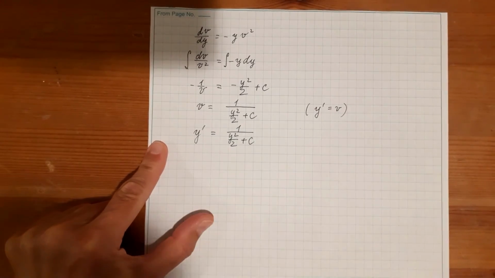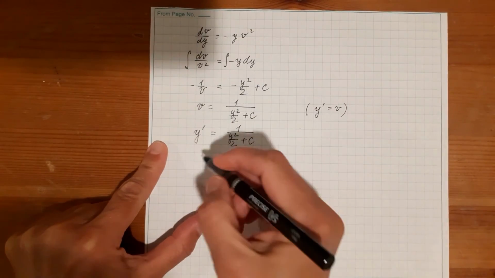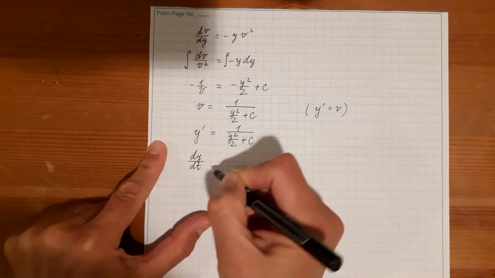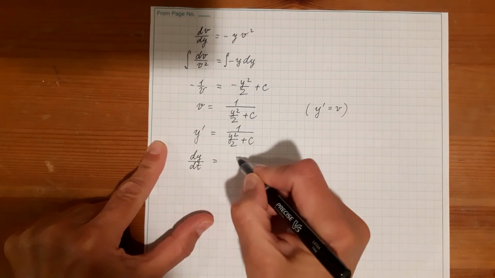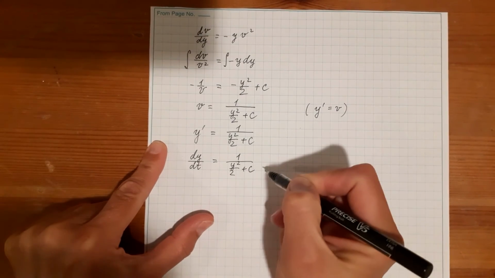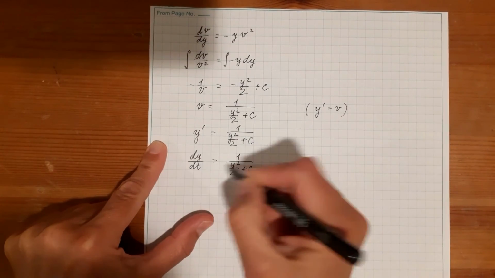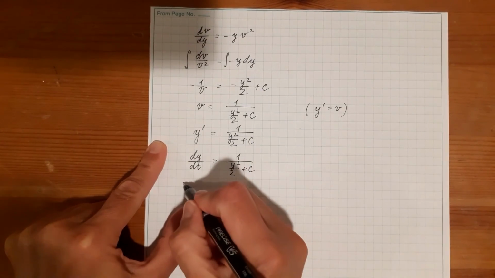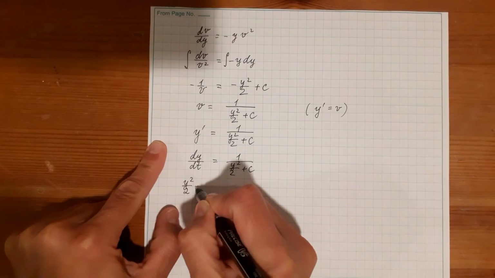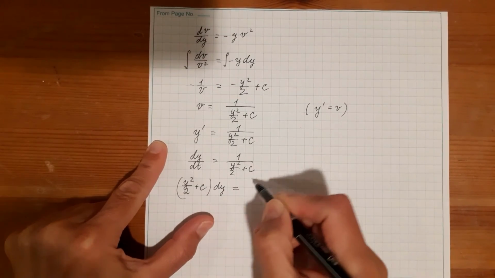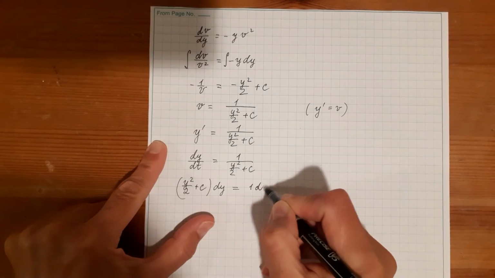So now what we have over here, we can solve by separating variables. We do have dy over dt, right over here, equals 1 over y squared over 2 plus a constant. I'm going to multiply everything by the denominator, put it on this side, and put dt over here and integrate. y squared over 2 plus a constant dy, and on this side I have just 1 dt.